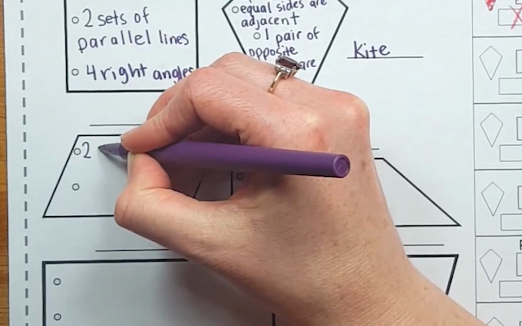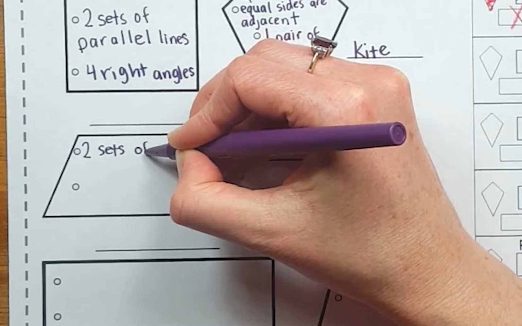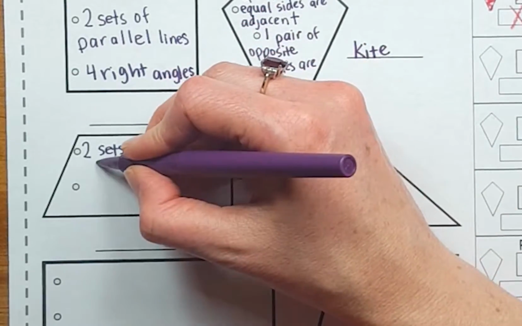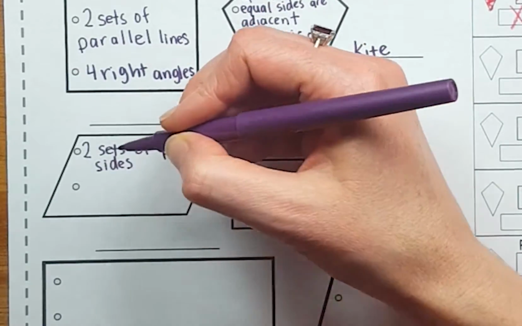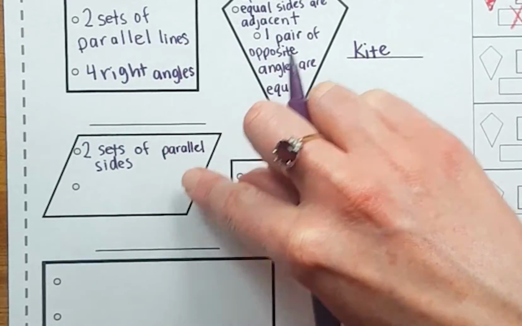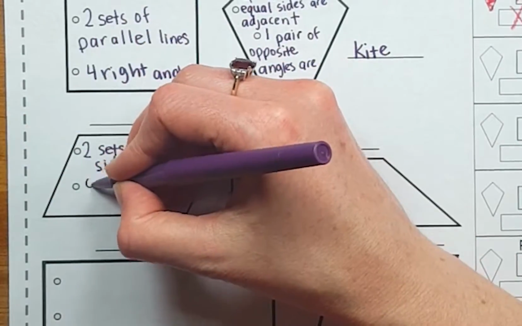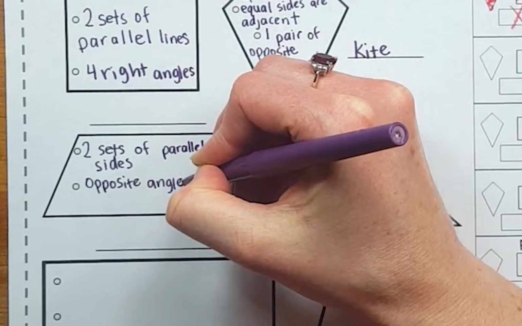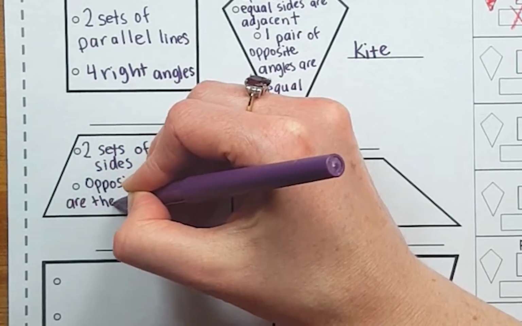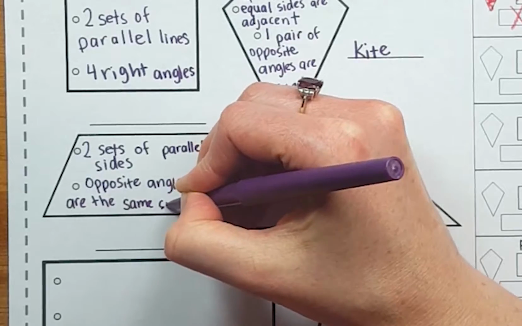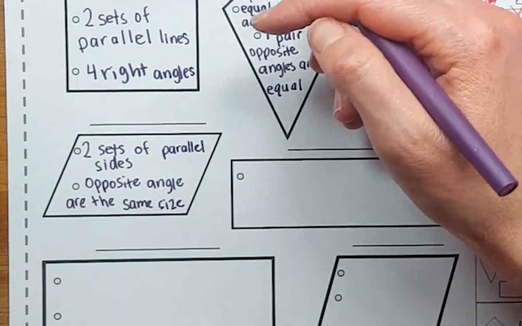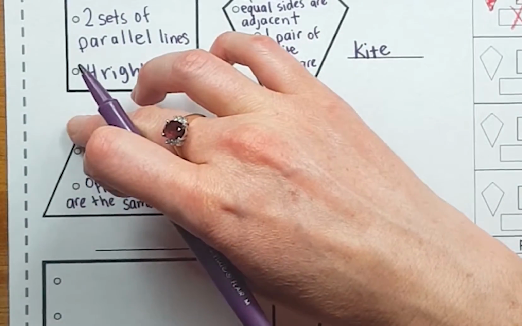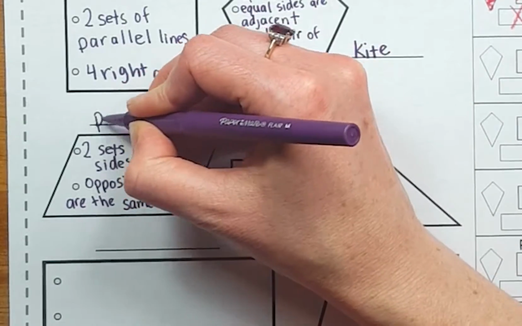So it has 2 sets of parallel, there's that fun word again, I love to write, sides. Check it out, and opposite angles are the same size. When we have a shape that has two sets of parallel sides and opposite angles are the same size, we call that a parallelogram.